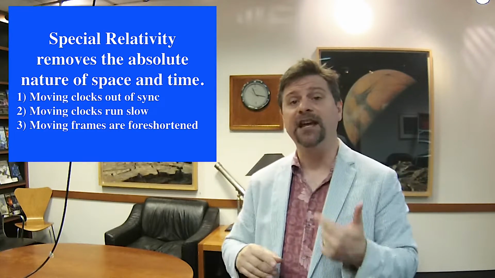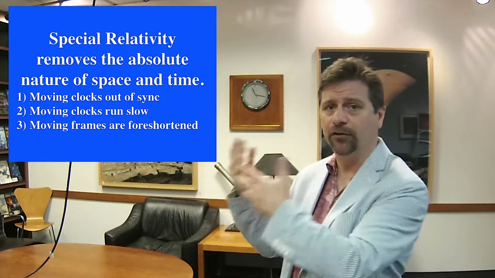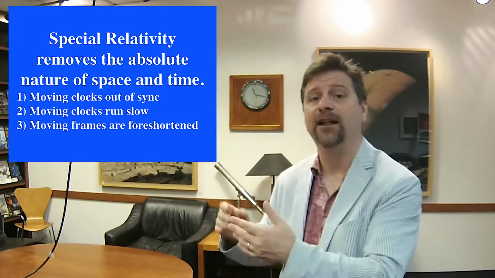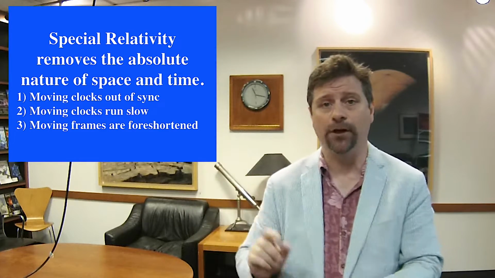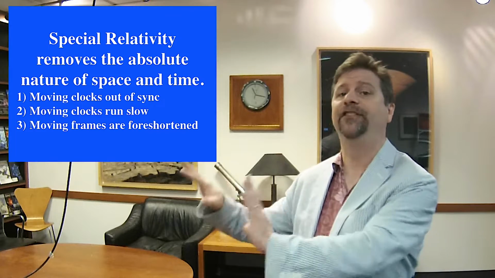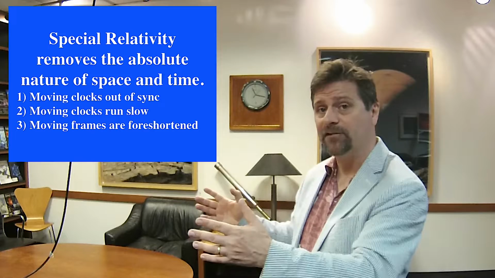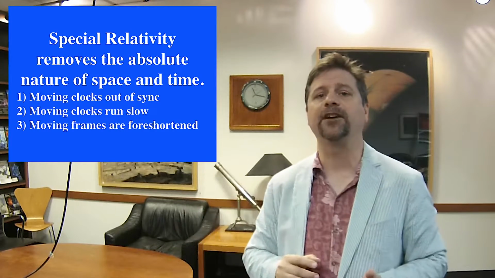The next one is, if you're watching an inertial reference frame or measuring the clocks of an inertial reference frame as it's moving by, those clocks seem to be moving slower. And third, if you're watching an inertial reference frame, measuring what you see inside that frame as it moves by, you see that the entire reference frame appears to be shortened in the direction of motion.